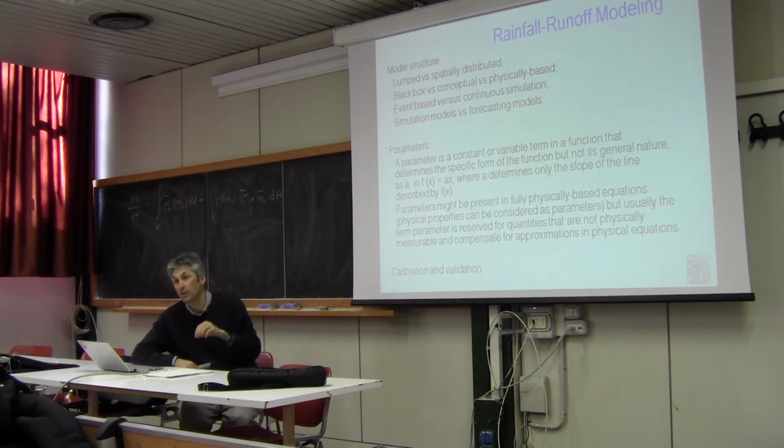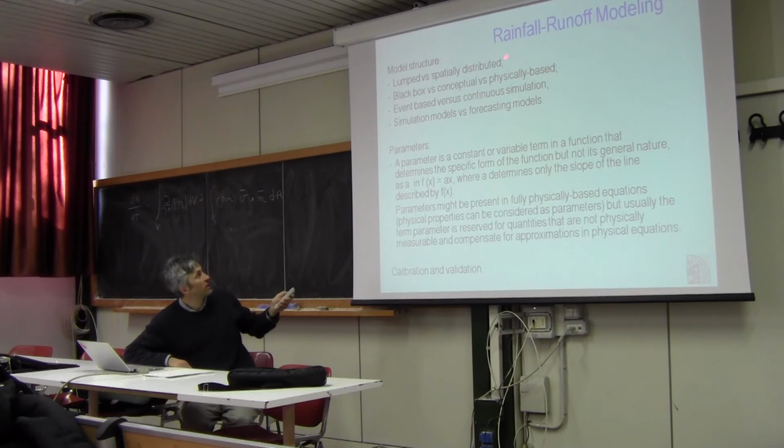And also, you will know what are the data requirements of each model, so which data you need, and then basing on data availability, you select the model. For instance, if you have a model that needs the topography of the catchment as input, you will use it only if you have this information, of course. Okay? Now, model structure.